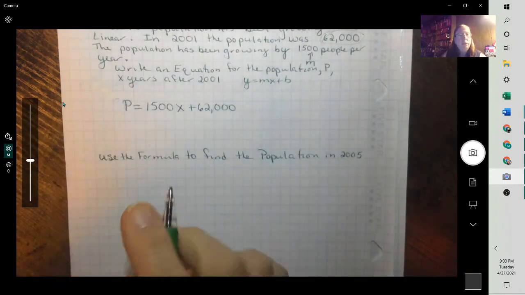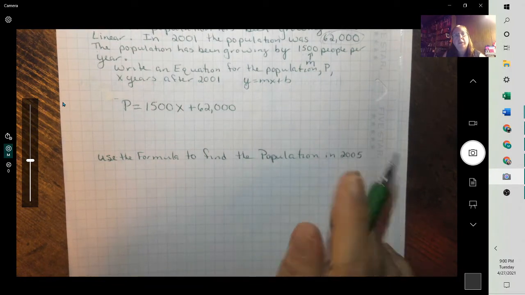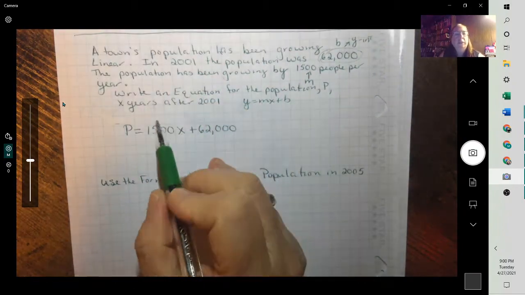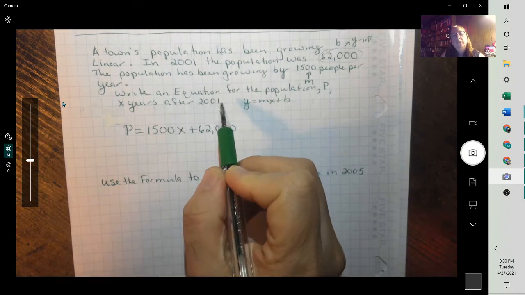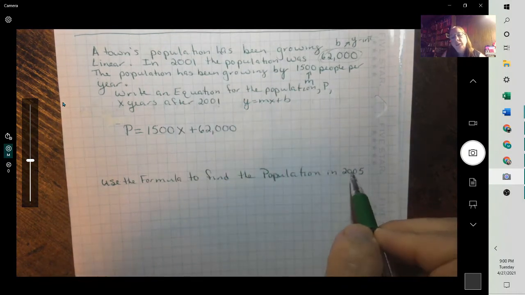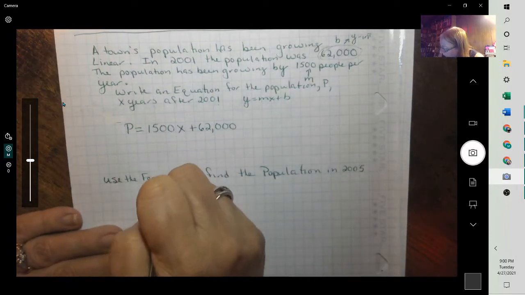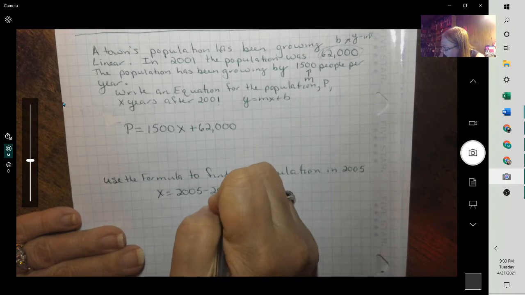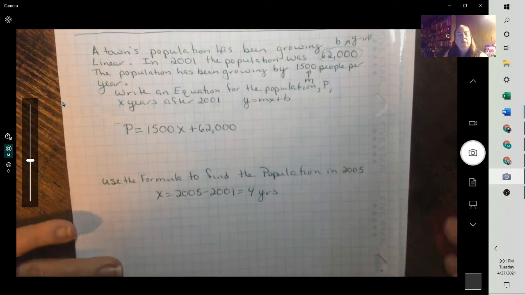Now this one says to use the formula to find the population in 2005. Well, X was the number of years after 2001. So from 2001 to 2005, that was 4 years.